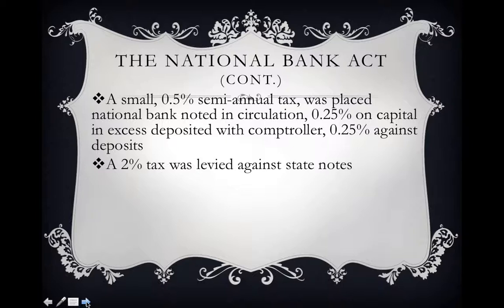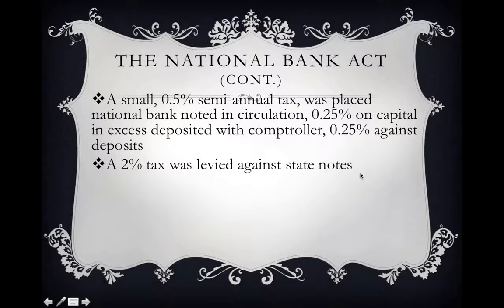Also, realize that in order to put additional pressure on the state banks, we will see that there were taxes placed on notes in circulation. All right? So the taxing on, for example, the national bank notes was less, 0.5%, versus 2% for the state bank notes.